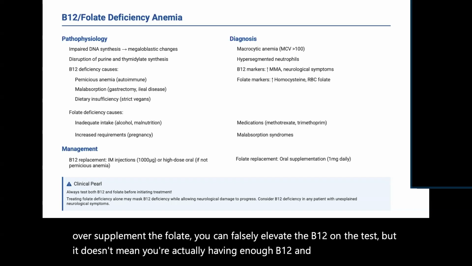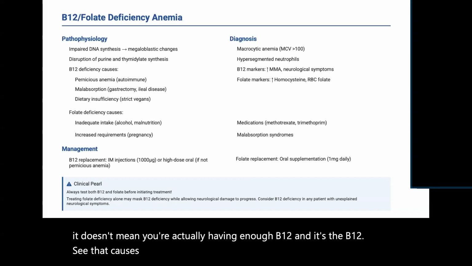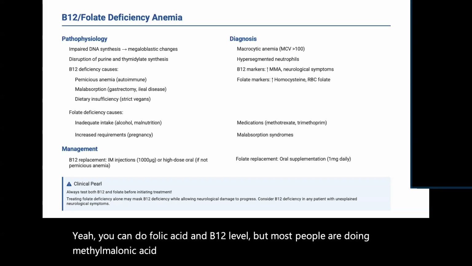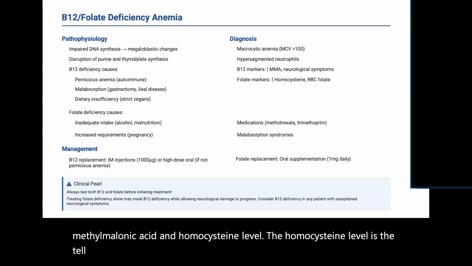And it's the B12 deficiency that causes the neurological problems. So, yes, you can do folic acid and B12 levels, but most people are doing methylmalonic acid and homocysteine levels. The homocysteine level is the tell of sufficient folic acid in the blood.